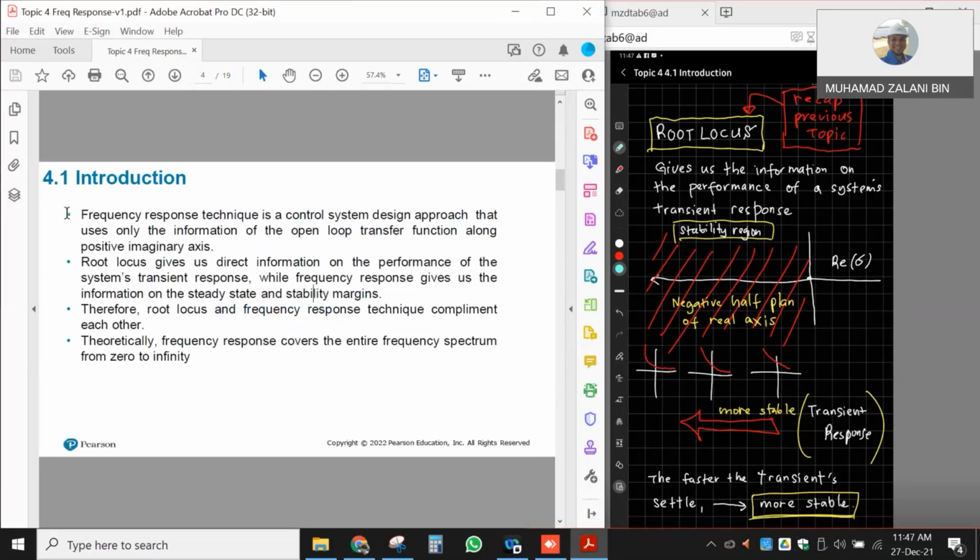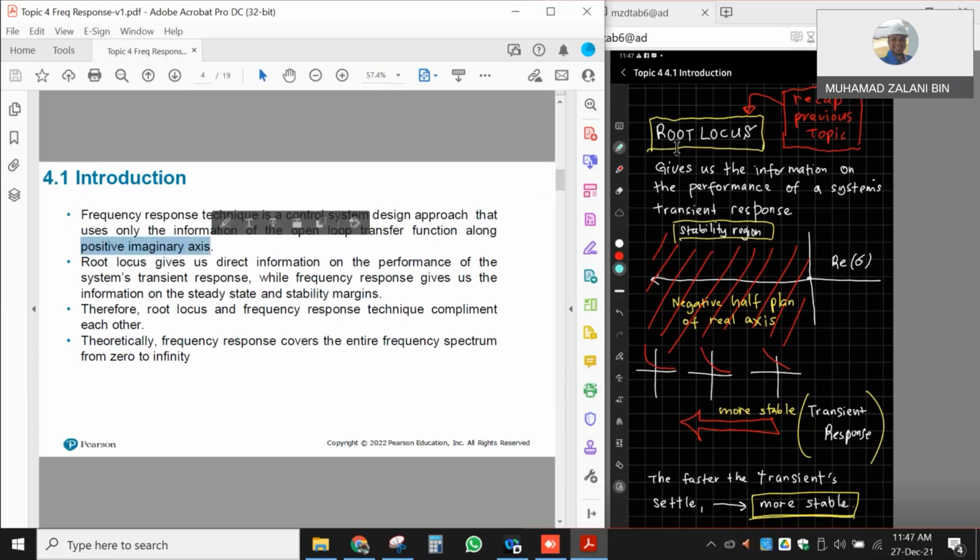If you have a look at the points on the introductory part, the first point is that the frequency response technique is a control system design approach that uses only the information of the open loop transfer function along the positive imaginary axis.